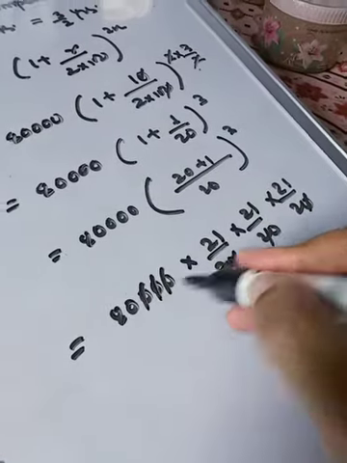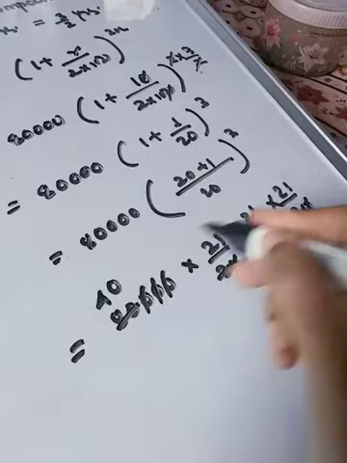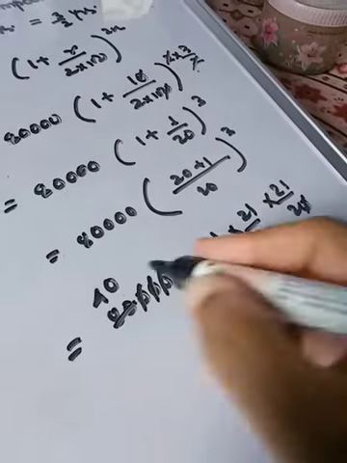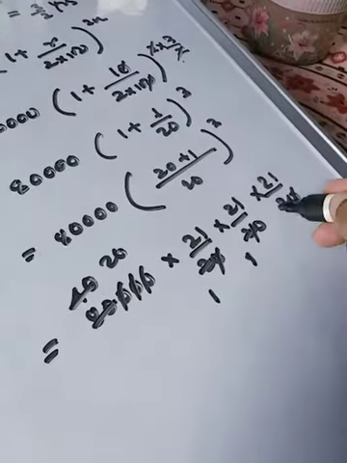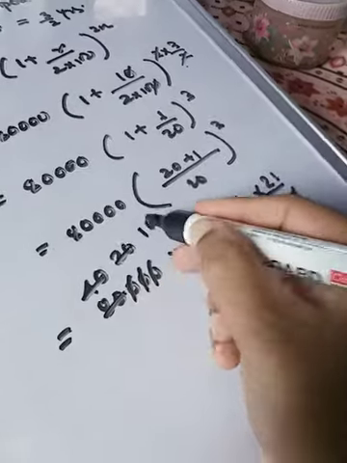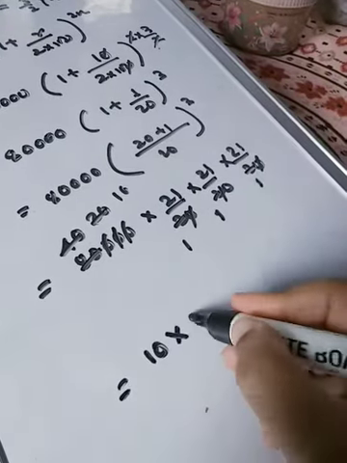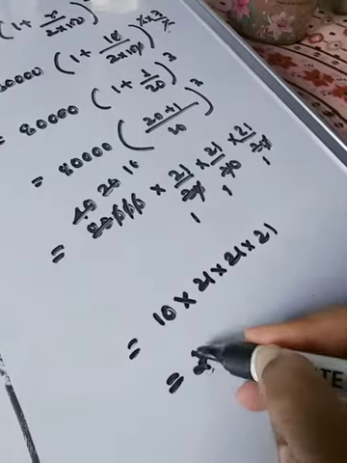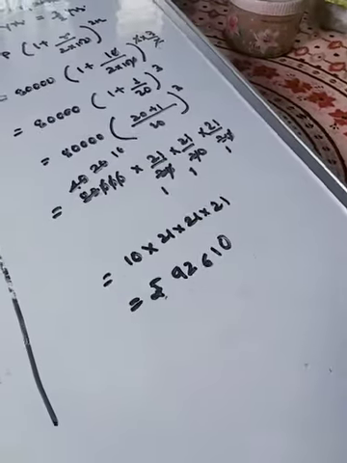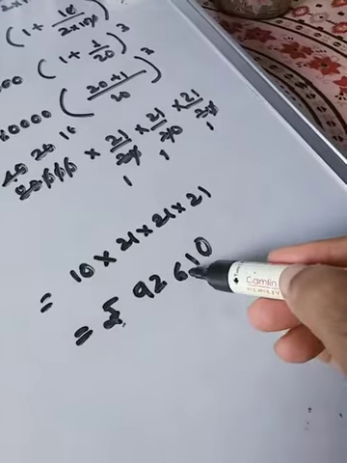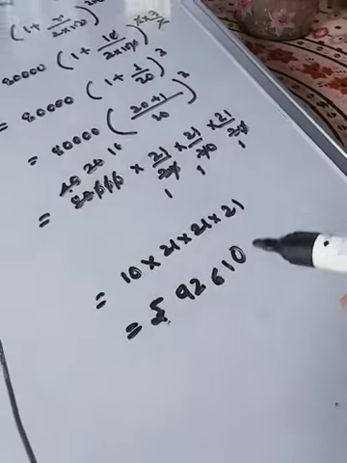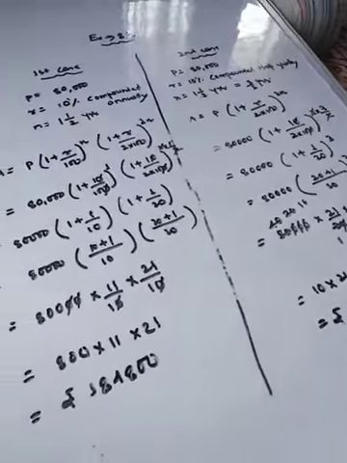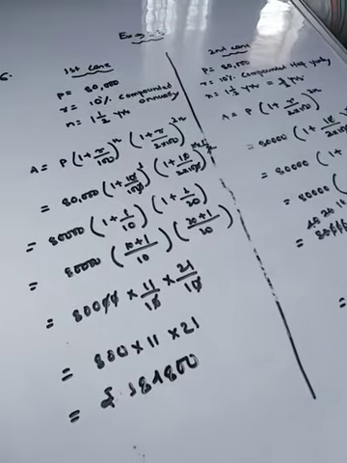Two 40s are, two ones are, two 20s are, and two ones are, two 10s are. So 10 into 21 into 21 into 21. So let's see what is the answer. The answer is 92,610. So this is the solution of sum number 6.